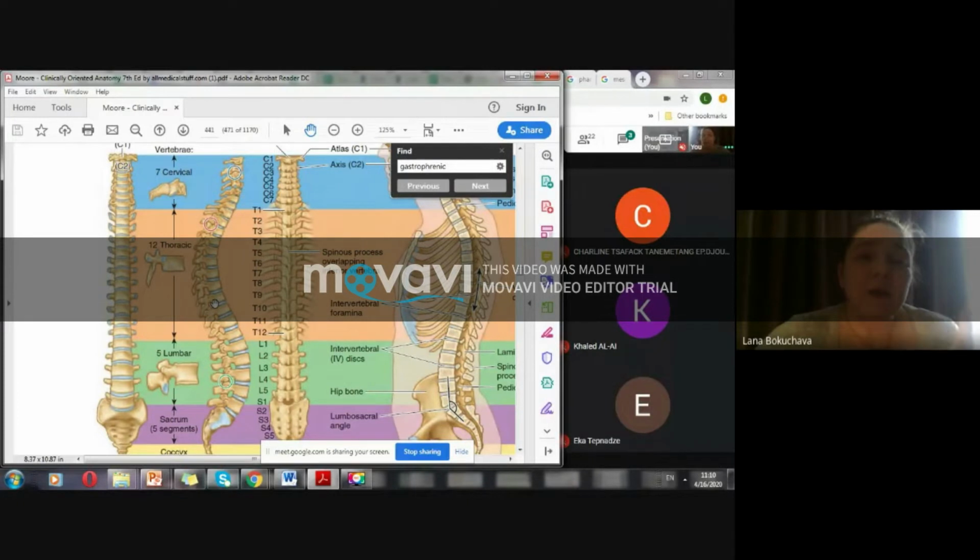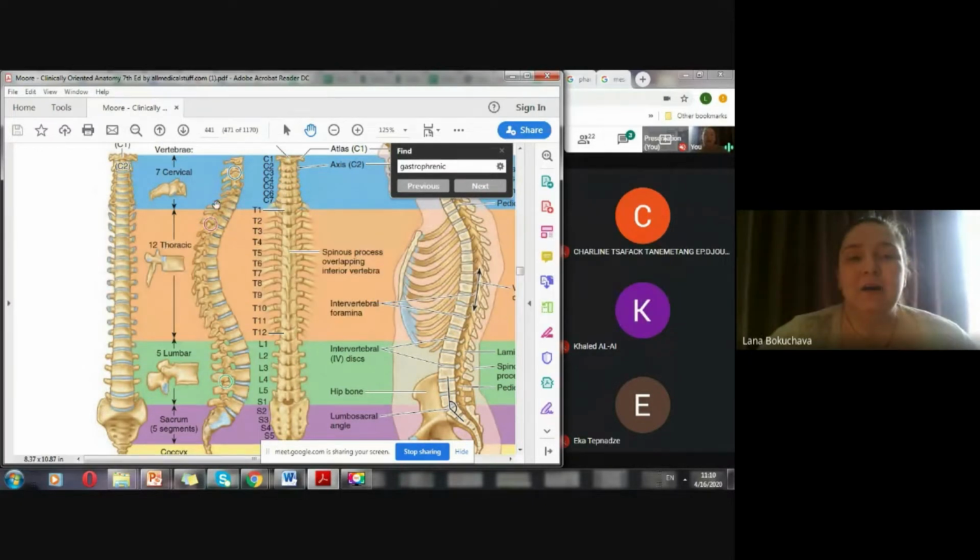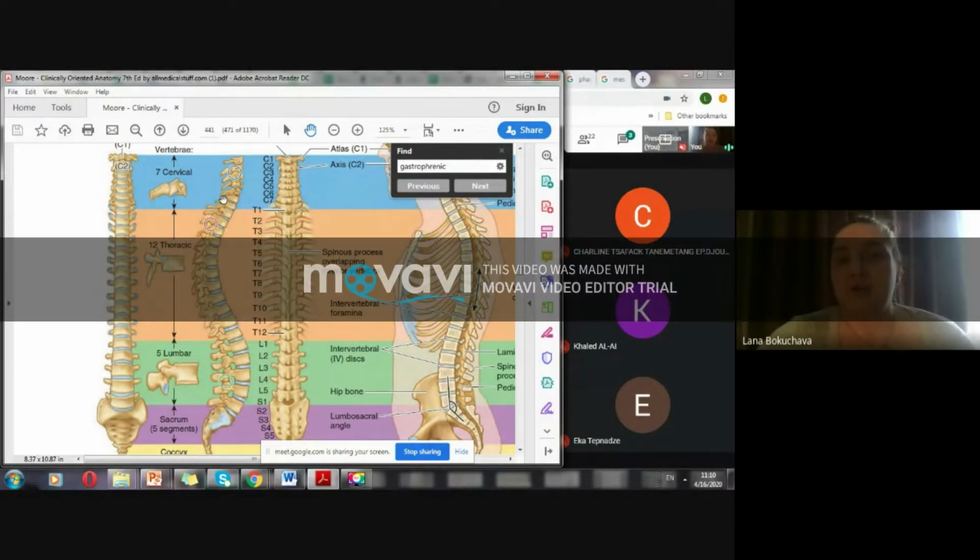As a result, according to surface anatomy, we can palpate the spinous process of the seventh vertebra on the back, which we also call the vertebra prominens.